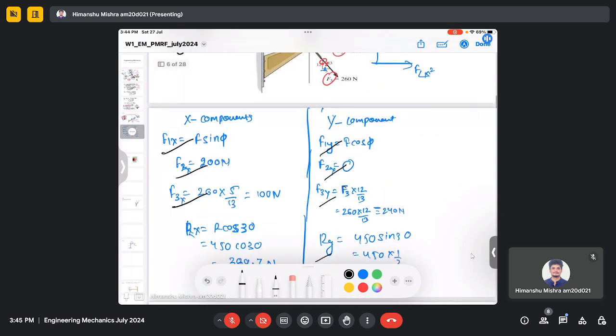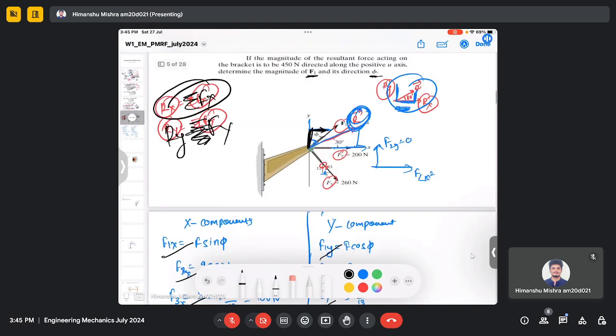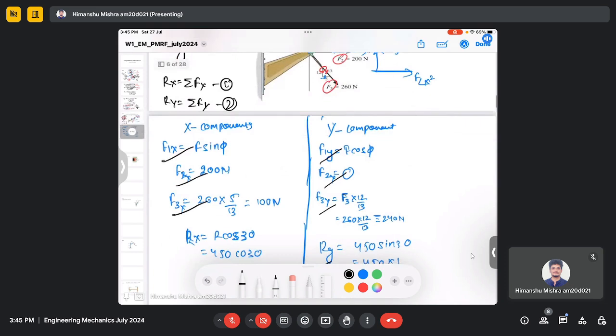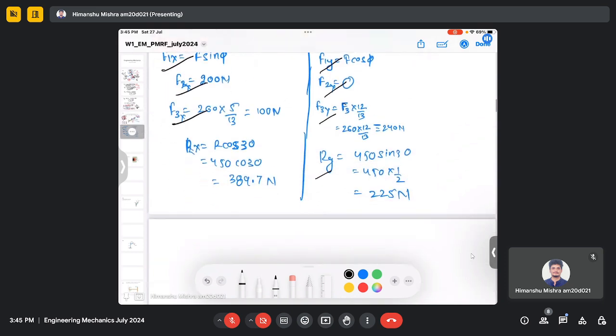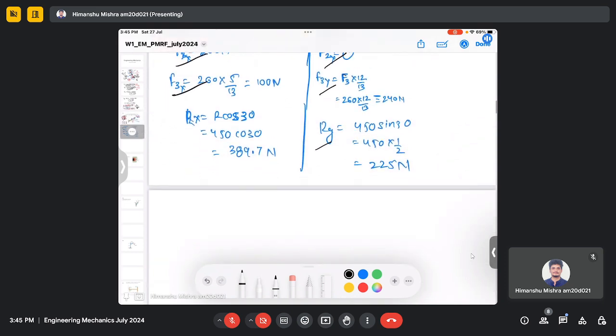We need to find the magnitude of F1 and we need to find phi. Whenever there are two unknowns, you always need two equations. So here we have two equations. This is your first equation and this is your second equation. Because we have two unknowns, when you have two equations, only then can you solve for two unknowns. It's a simple mathematical practice.